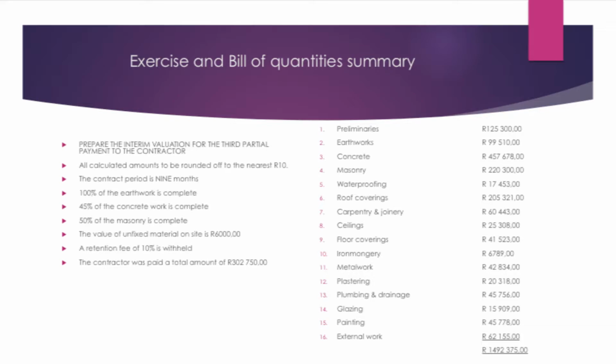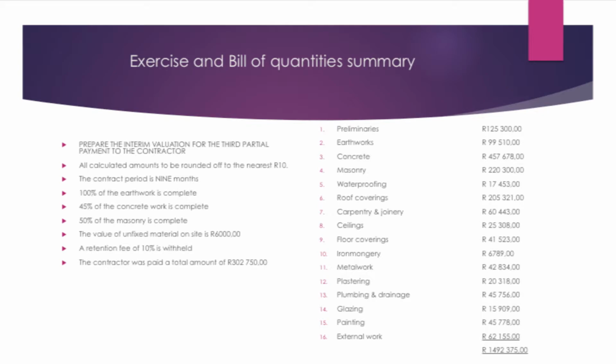And moving to the exercise, all the calculated amounts should be rounded to the nearest 10 rand. In other words, we don't want to see any cents here. We will be dealing with the rounding of the nearest 10 rand.